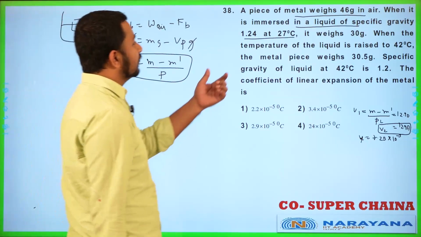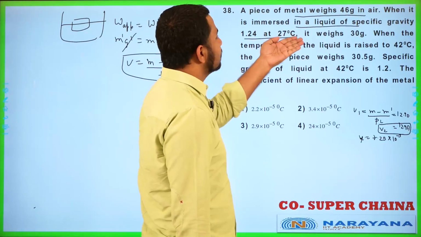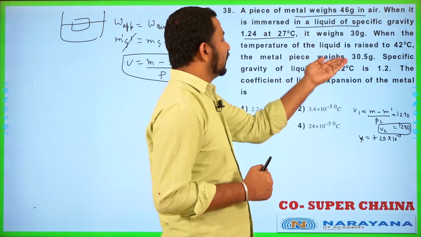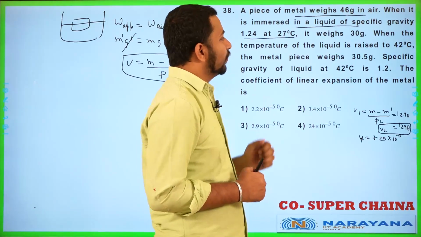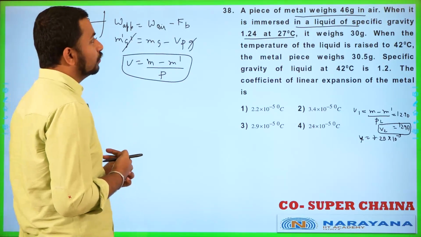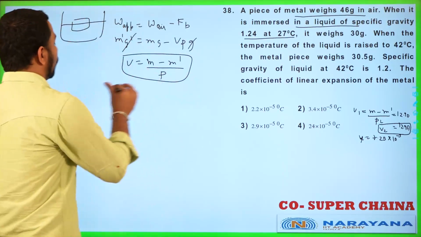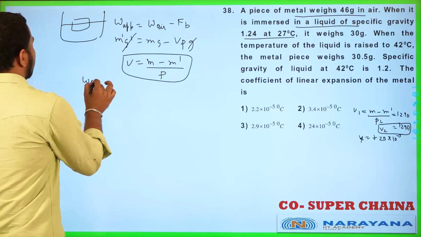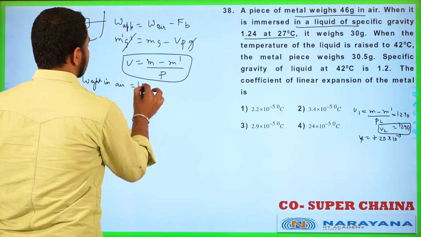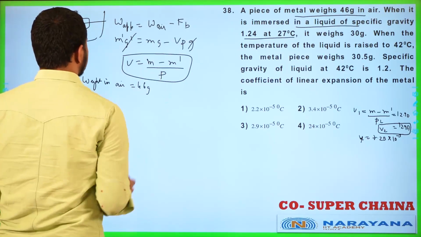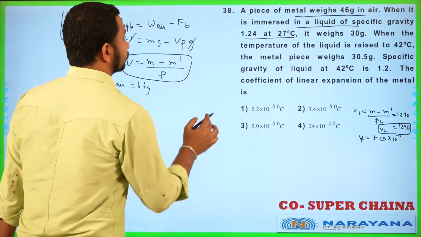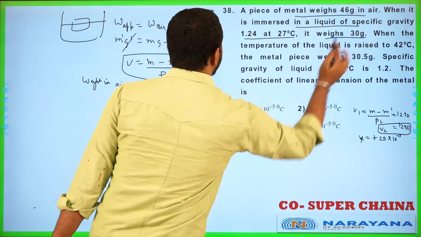Now what is given: the piece of metal is immersed in a liquid. Then the temperature is raised to 42 degrees and the weight is 30.5 gram. So two conditions are given. Weight in air will be 46 gram. So this m is given. Weight in liquid is 30 gram.